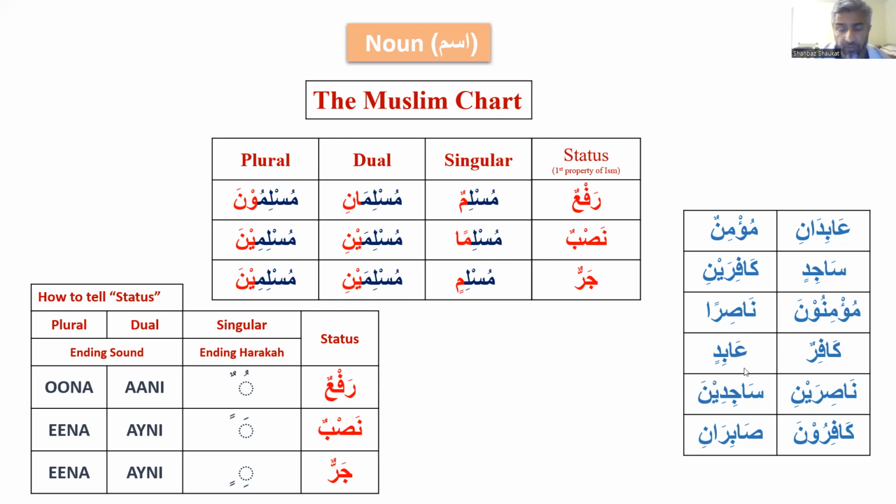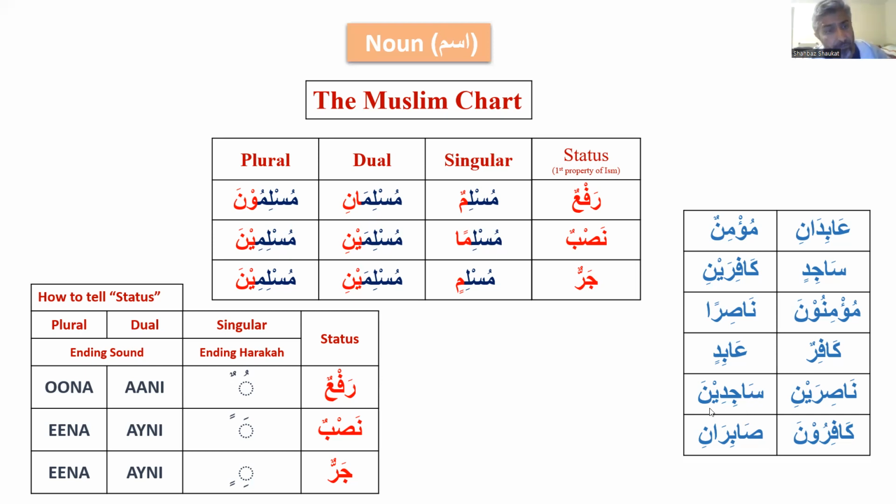Abdul Haq, Abidin. Rafa, nasab or jar? Jar. Jar, all right. Why is it jar? Because it has a kasra sound. Two kasras, right? Okay, it is singular and two kasra. Okay, Zainab, Sajidina.